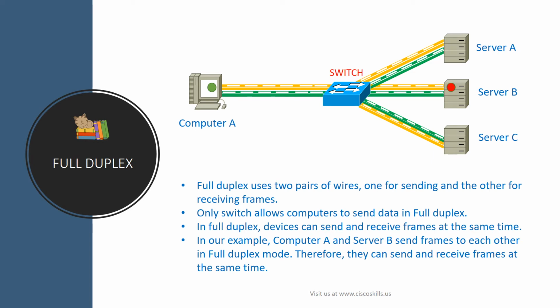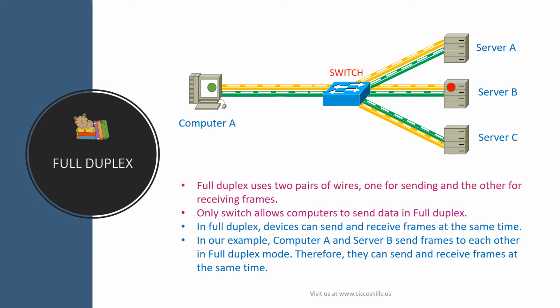As you may know, there are two modes for transferring data: full duplex and half duplex. Let's see how the data is transferred in full duplex mode. Full duplex uses two pairs of wire, one for sending and the other for receiving frames.